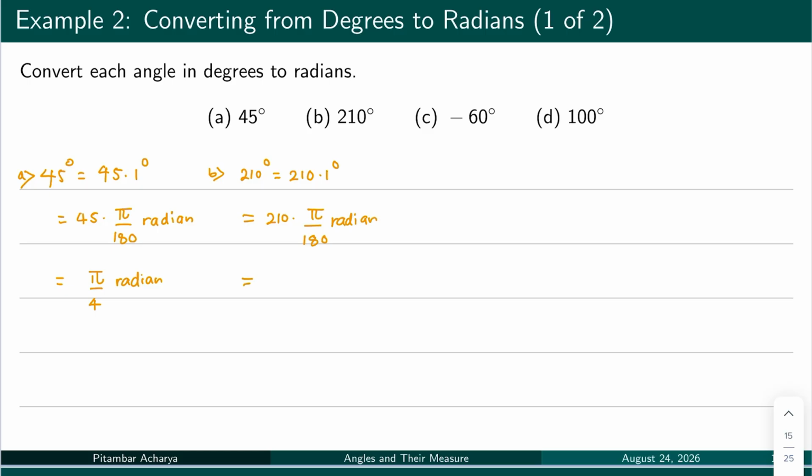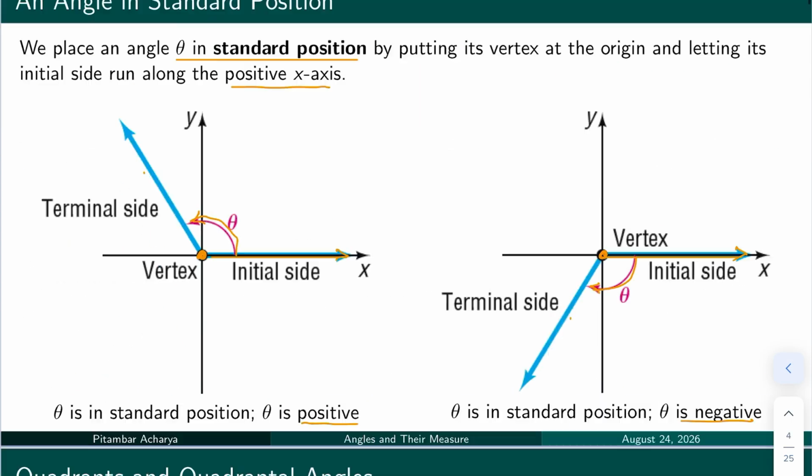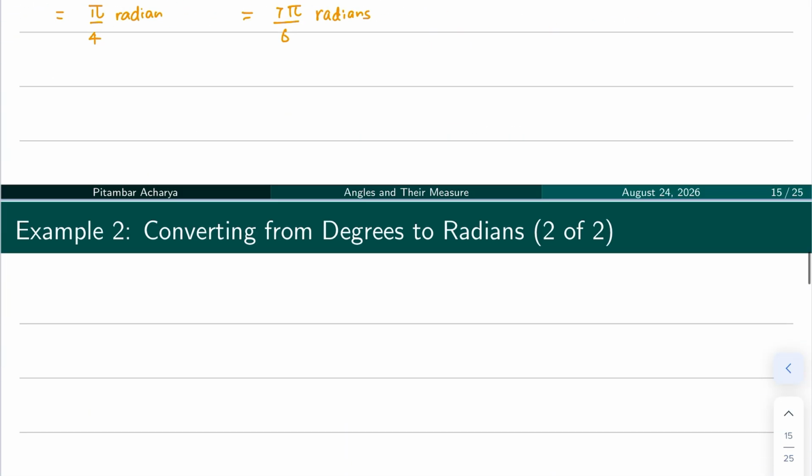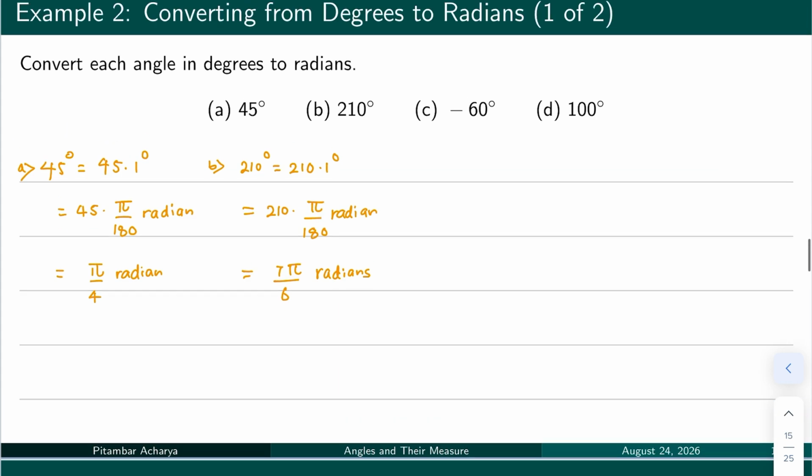We can simplify this and reduce it to a smaller fraction. That will give us 7 pi over 6 radians. What about negative 60 degrees?